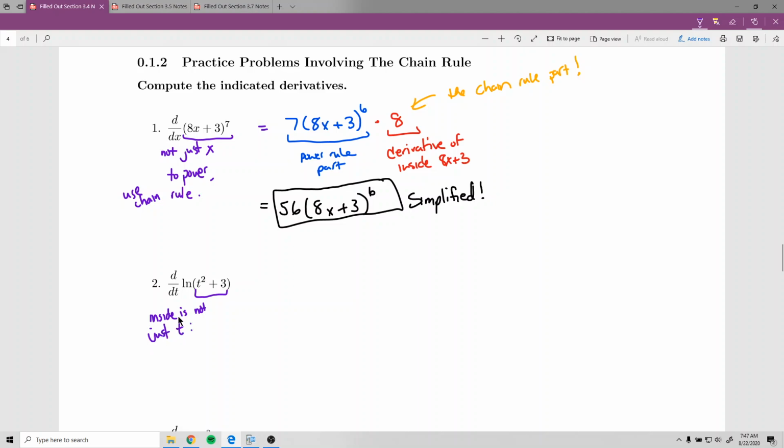And for those of you that might think, well, I like doing log rules because I like to simplify it and then use the other one. There is no log rule for breaking apart with a plus or minus inside. So you can't actually use a log rule to simplify this.